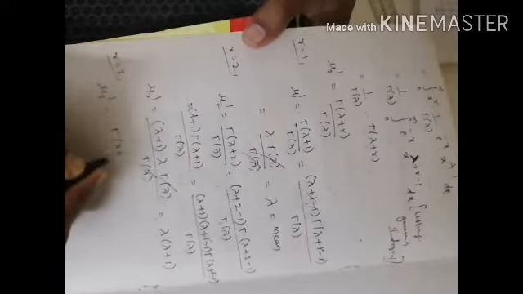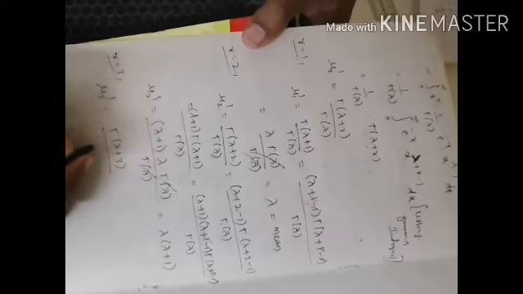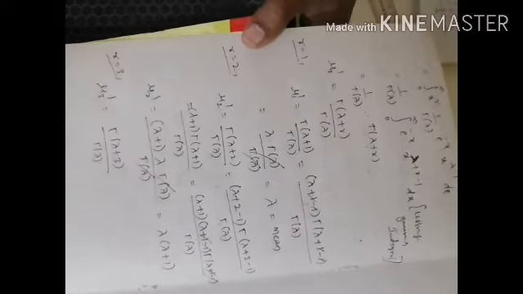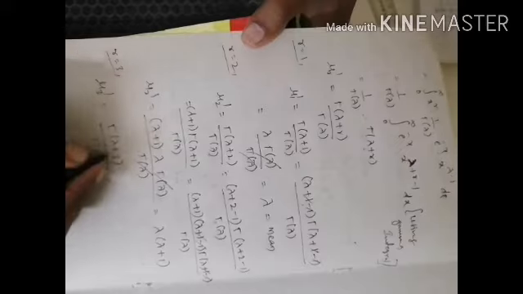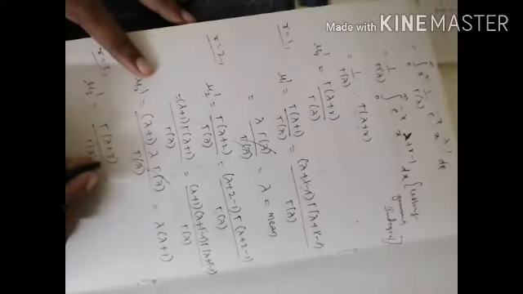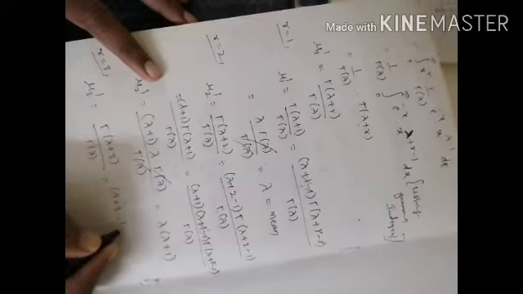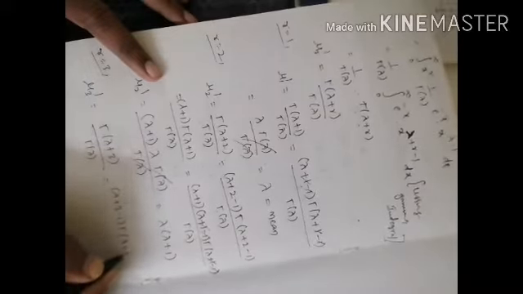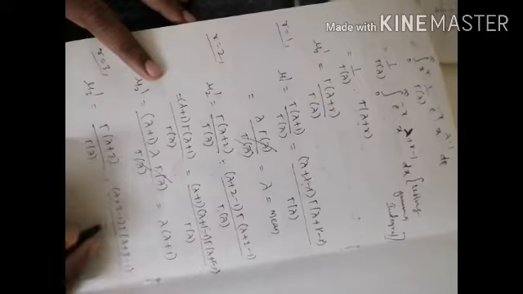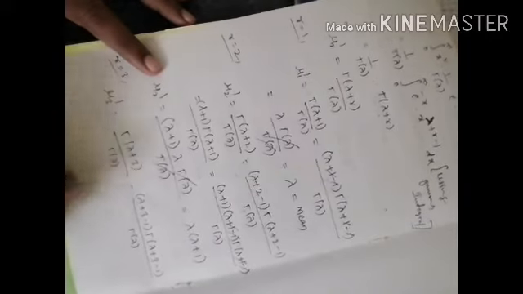So gamma of lambda plus 3 divided by gamma of lambda, that is equals to gamma of lambda plus 3 means again lambda plus 3 minus 1 gamma of lambda plus 3 minus 1 divided by gamma of lambda.